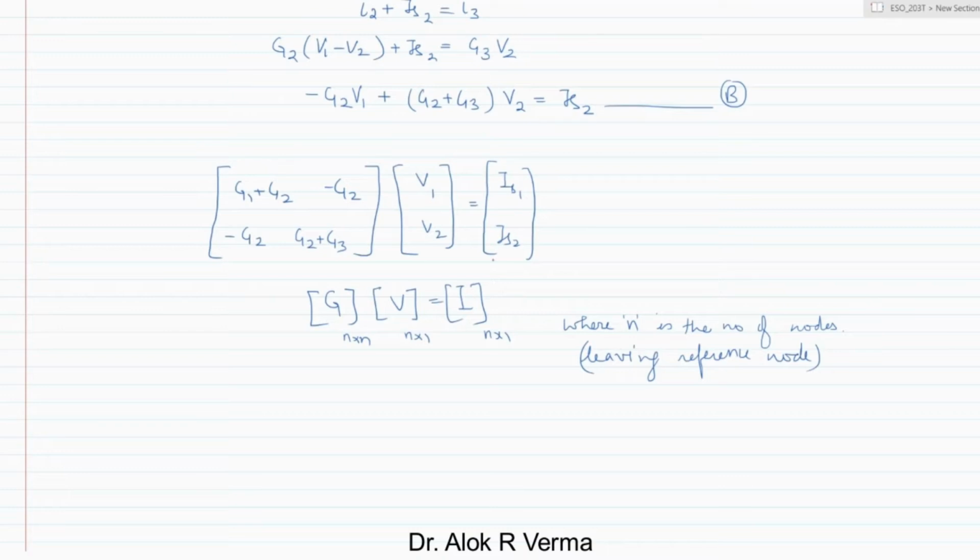So generally the current entering at the node is taken as positive. So we'll be taking an assumption that the current which is coming to the node is positive and leaving the node is negative. So this is the complete process of applying the nodal analysis.